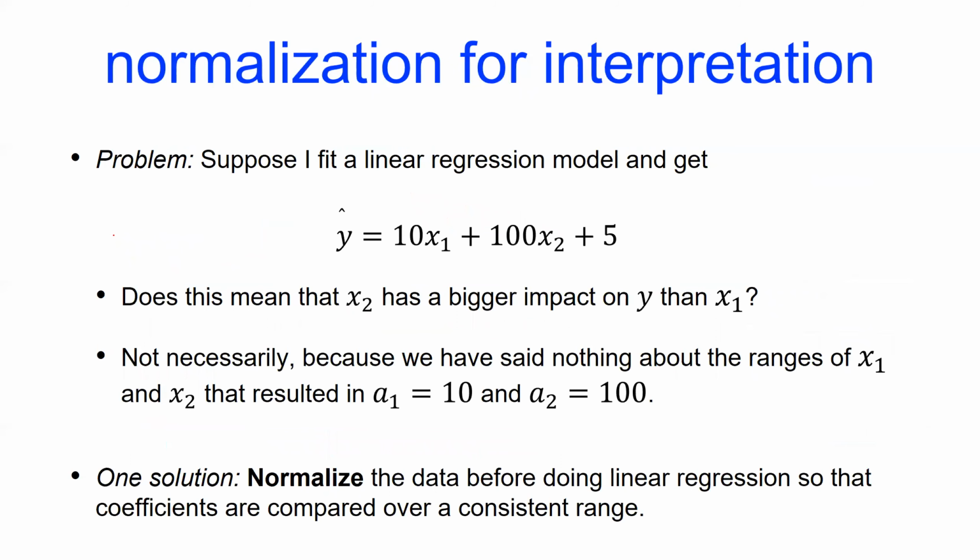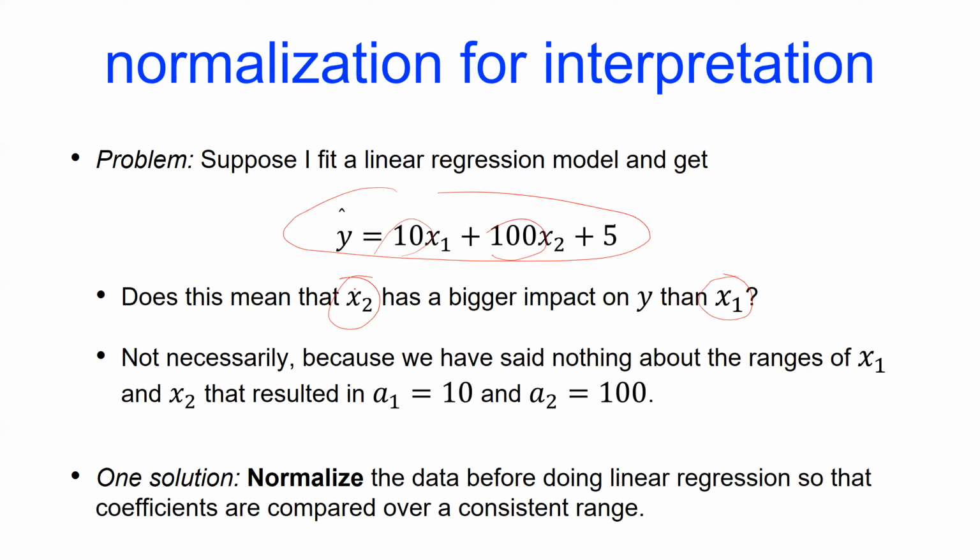All right. So how to do the normalization? Pretty much what I was talking about was covered in these slides. If I fit a linear regression model and get something like this, does this mean X2 has a bigger impact than X1? Because X2 is associated with 100 and X1 with 10, usually yes, but not necessarily if I didn't specify they are normalized.